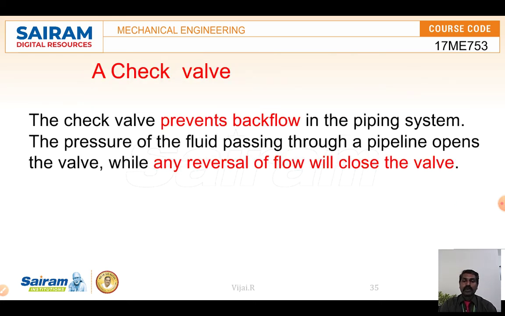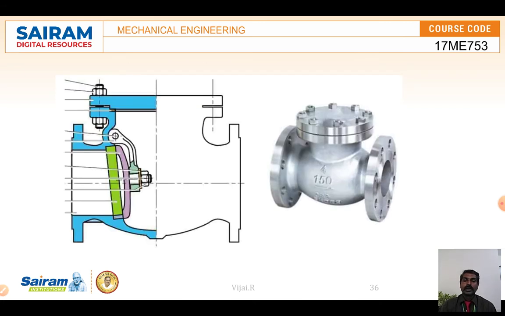Another one is a check valve, which prevents the backflow of water. Very importantly, in any pump, the return water may affect the entire system, so reversal flow should be avoided. Otherwise, when the pressure of the fluid in the pipeline drops, reverse flow is possible. To avoid that, we have a one-way valve. It is called a non-return valve or one-way valve.